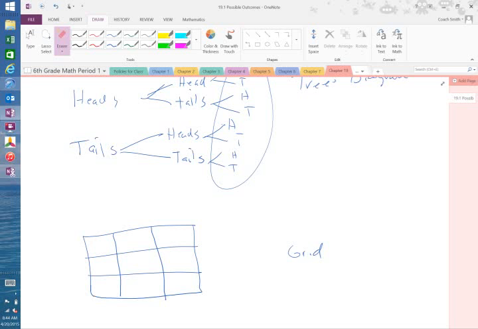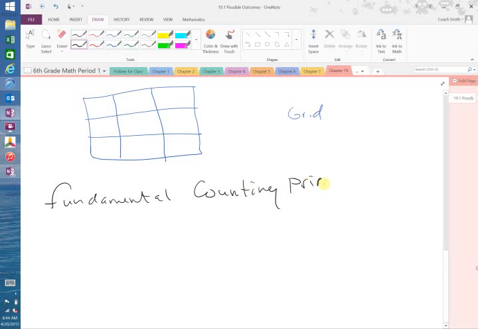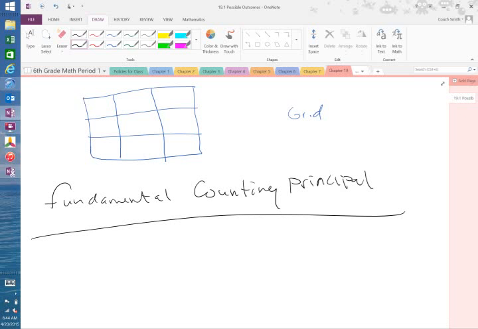Now, let's look at some of those examples. Okay, what we have is what we call the fundamental counting principle. Basically what the fundamental counting principle is, you take the number of outcomes per event and multiply them together, and that gives you the total outcomes.